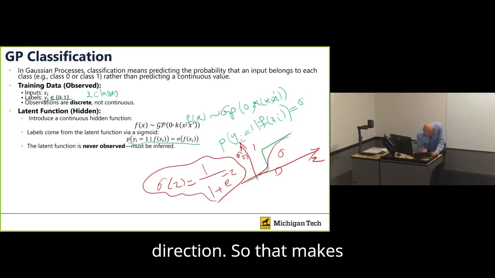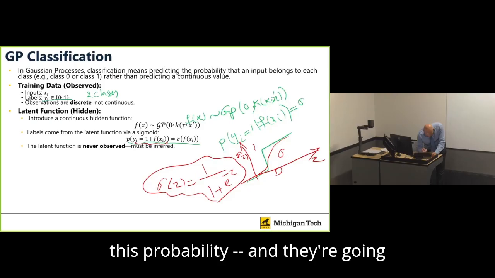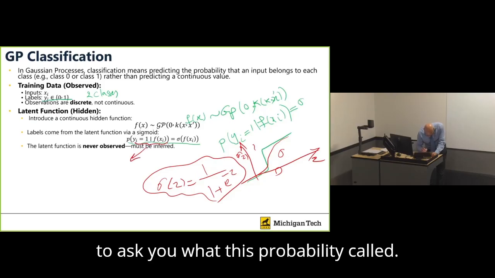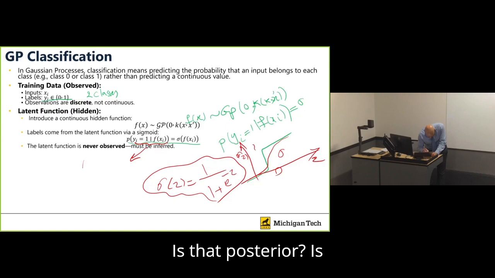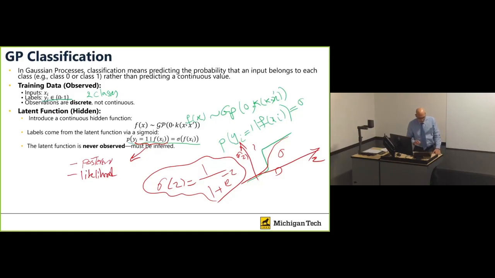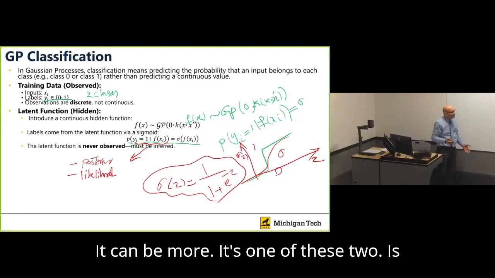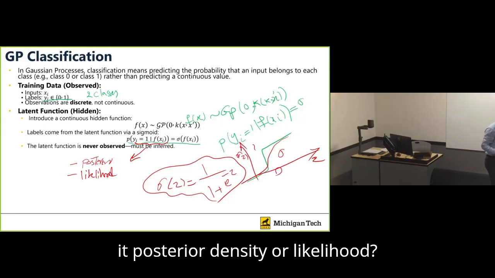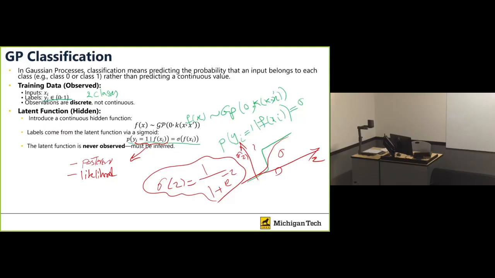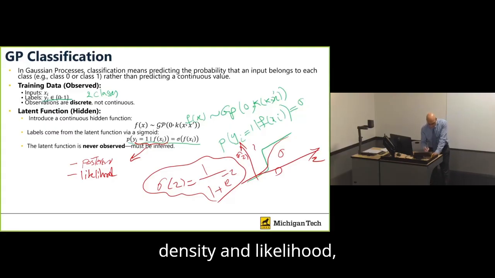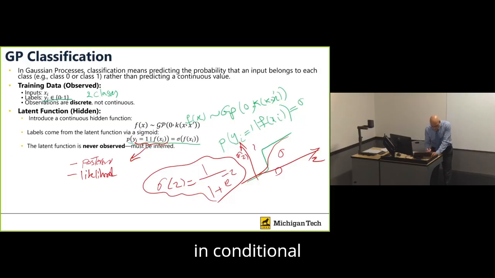So that makes this probability, and they're going to ask you what this probability is called. Is that posterior? Is that likelihood? It's one of these two. Is it posterior density or likelihood? Do you know what's the difference between these two, posterior density and likelihood, in conditional probabilities?